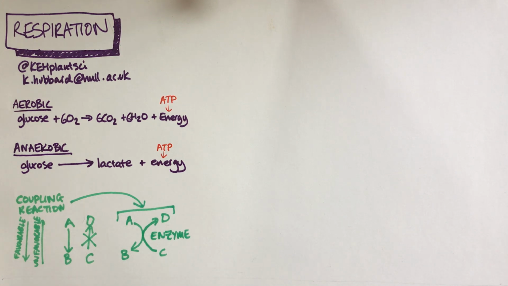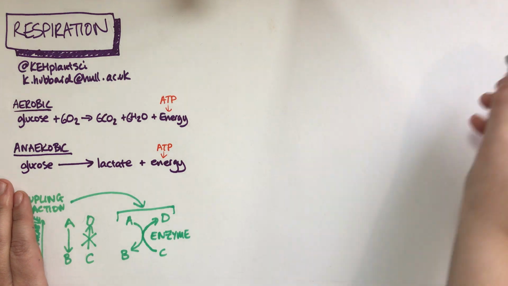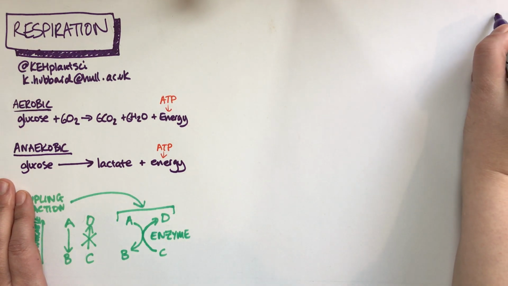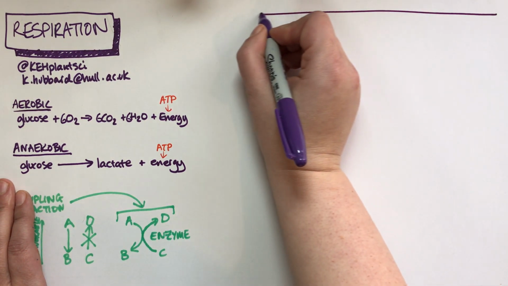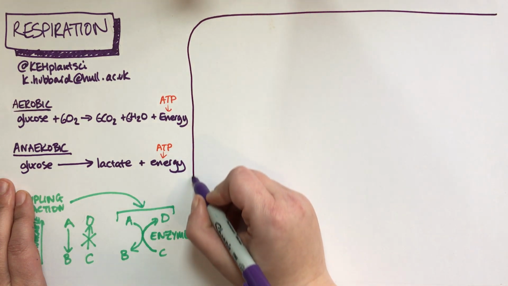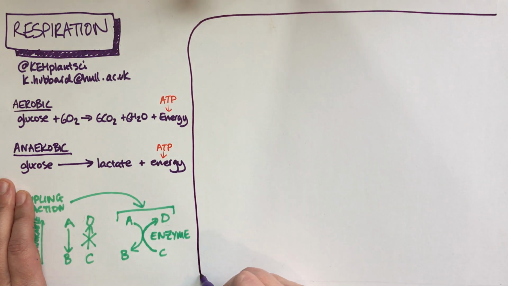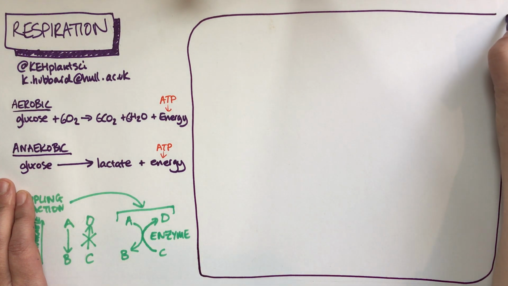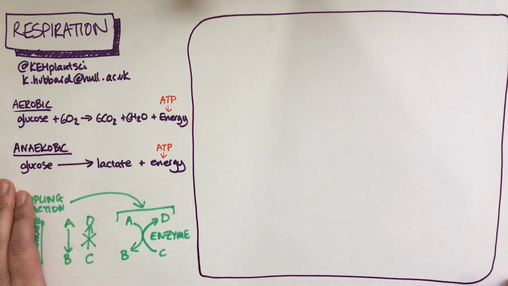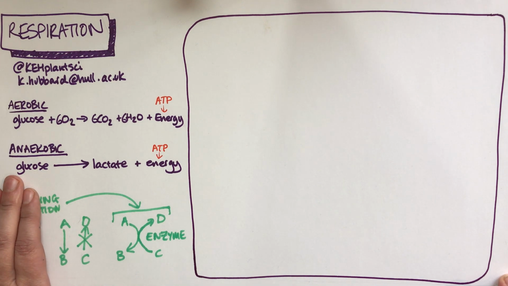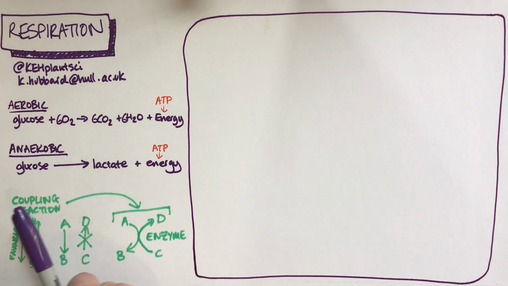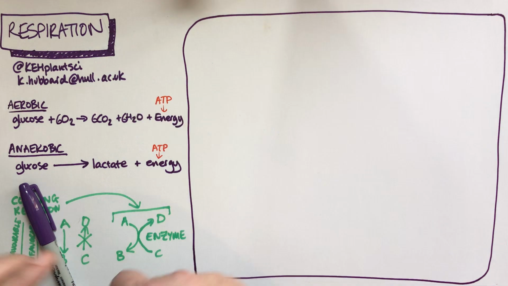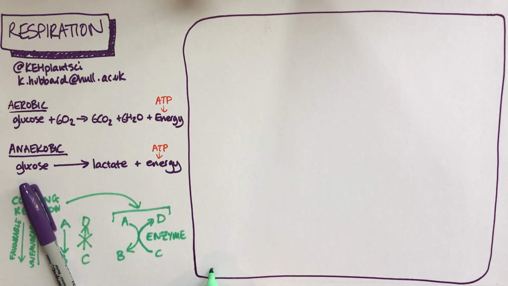So let's have a look at what this looks like inside the cell. So here I've got my cell. If I just draw this out nice and big. Okay, so there's my cell. So let's start off in the cytosol.